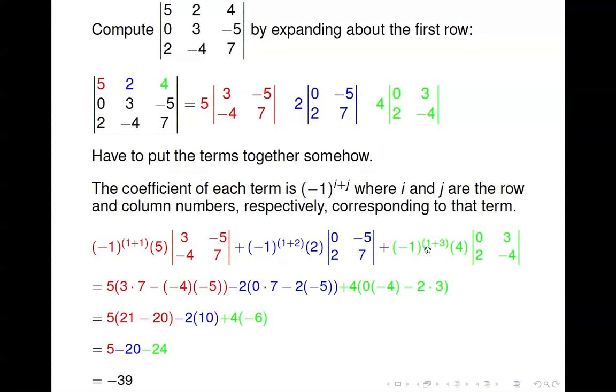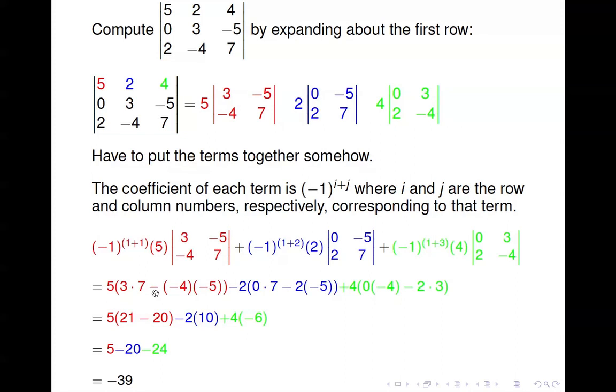So that's the minus 1 to the 1 plus 3, which is minus 1 to the 4th, which is positive 1 times 4. And so you get a plus 4 in front of that term, times the determinant, which is 0 times negative 4 minus 2 times 3.